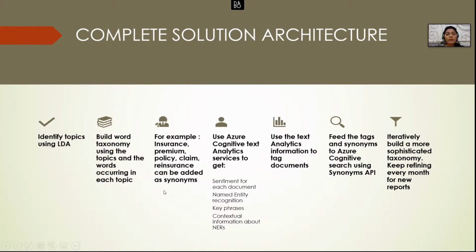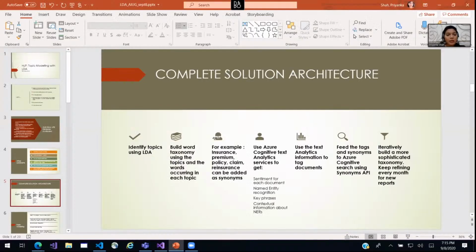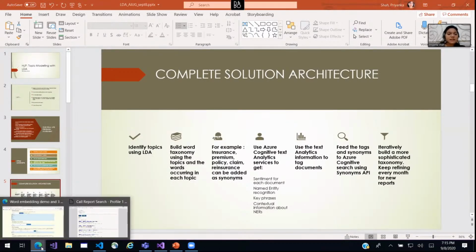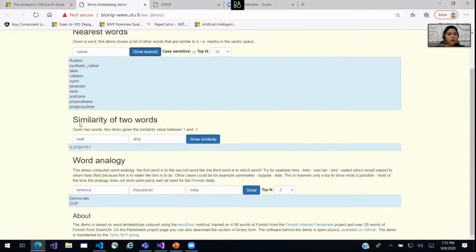Before we jump to the basics of LDA, I just want to also show you how we are getting the sentiments from Azure Cognitive Text Analytics. That would be a separate session altogether. This is just a teaser for what capabilities Azure Cognitive Text Analytics services expose to us.